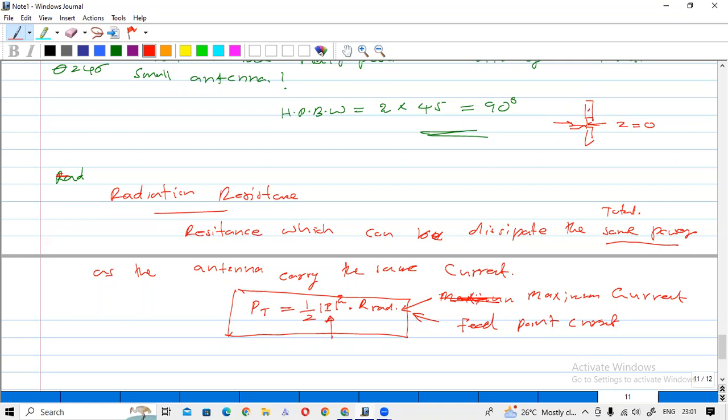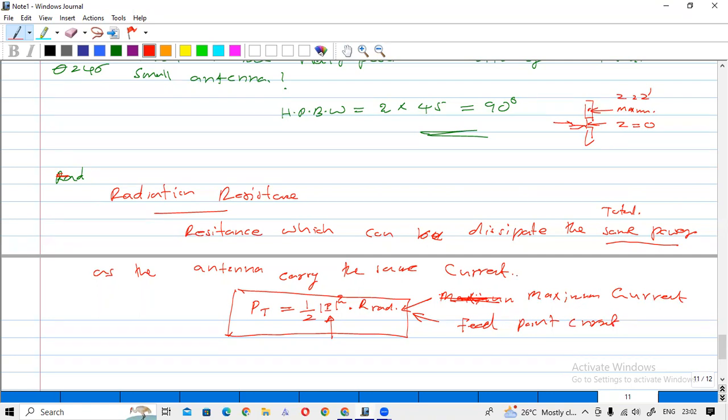And at some point it may have the maximum current, maybe a dash or something. If you calculate the radiation resistance with this maximum current, that is the radiation resistance related to the maximum current. So you can define two radiation resistances: one related to the maximum current and one to the feed point current.